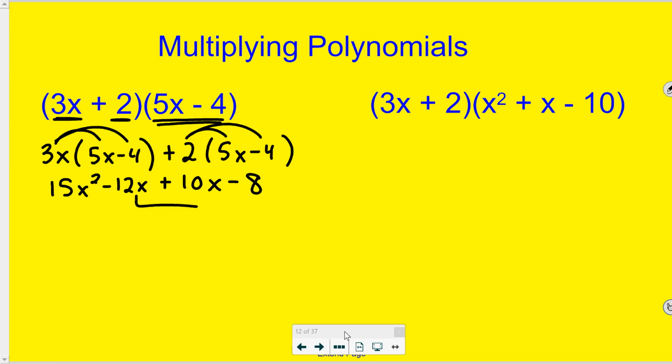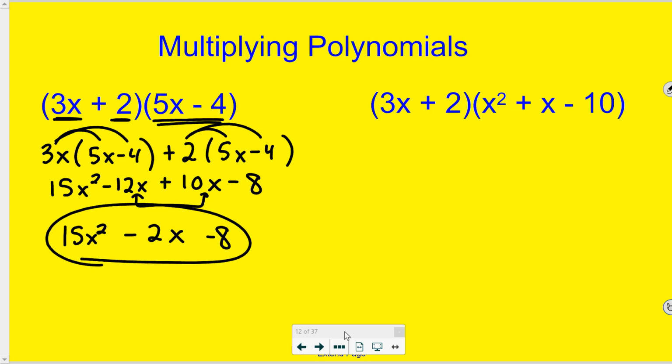We need to combine like terms. That's these 2. They both have x's, so now you are not stacking the exponents, you're just combining them. So the 15x squared is part of your final answer. So is the minus 8 from over here. And adding up the negative 12x and the positive 10x, we're down at negative 2x. There's our expansion in there.